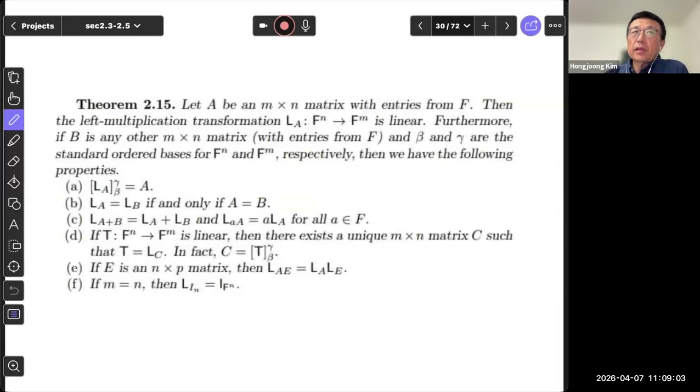Then when A is an m by n matrix and L sub A is the corresponding left multiplication, you can easily show that this L sub A is a linear mapping. That is trivial.